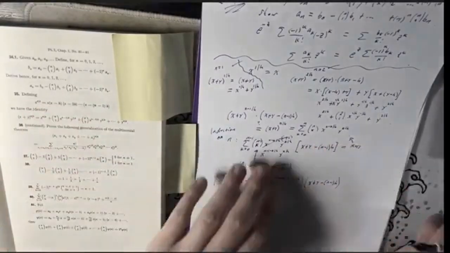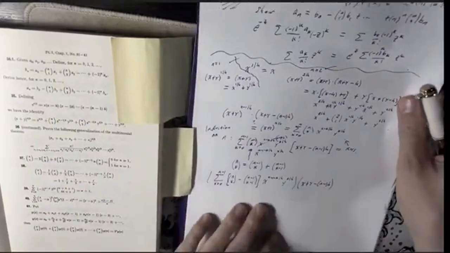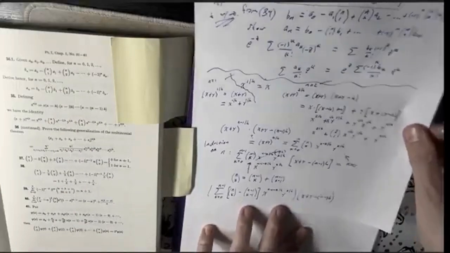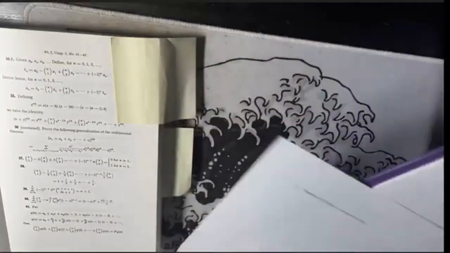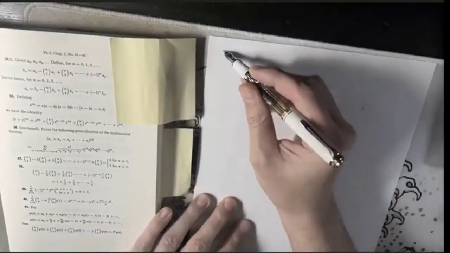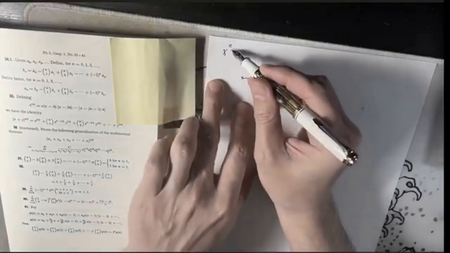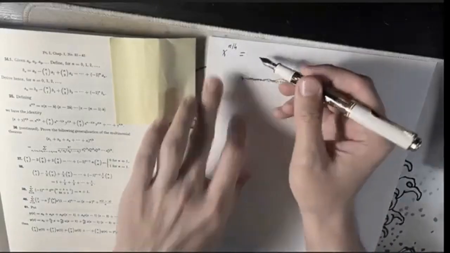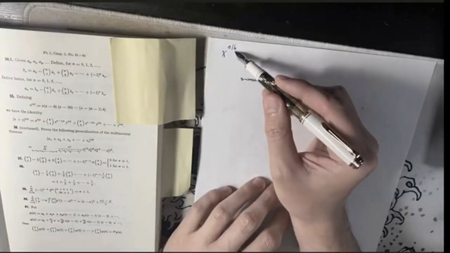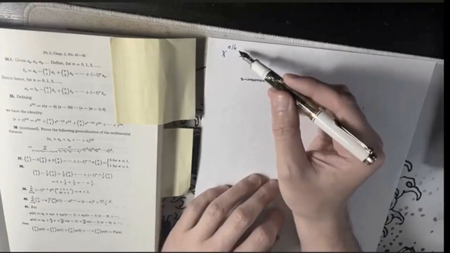But yeah, let me recap since I need to rewrite this anyway. So yeah, the question is, he's defined this new operator. It's a lot like a factorial, but instead of decreasing by 1 on every factor, you're decreasing by h, just a real number h.